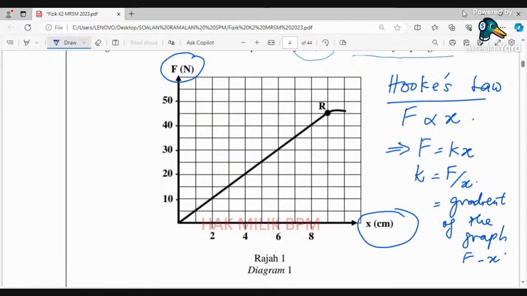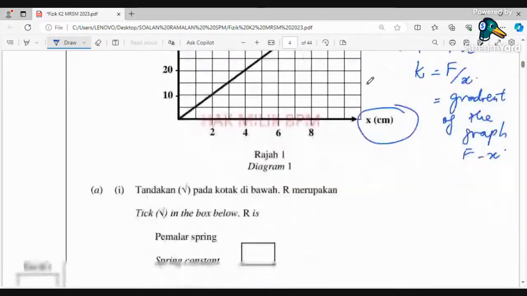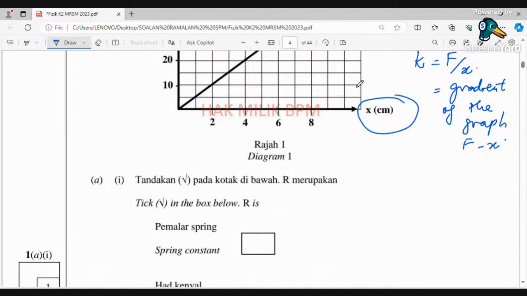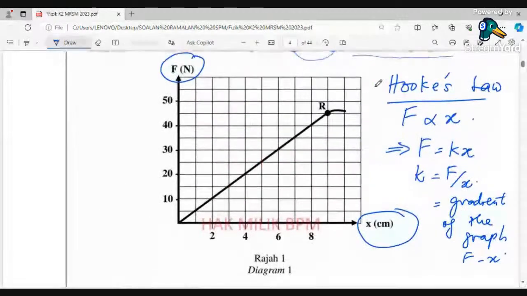Okay, the question. Tick the box below. R is one point marked here. You can see this is the last point of the straight line graph, and the starting point for the curved part. The straight line means it obeys Hooke's law.